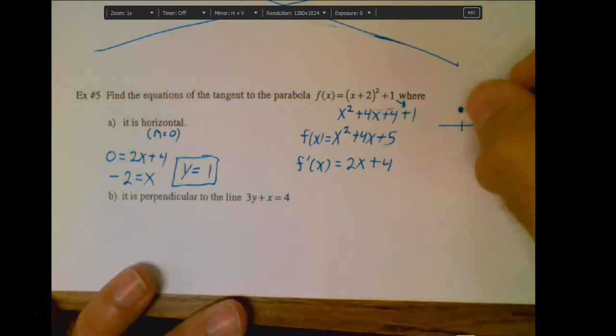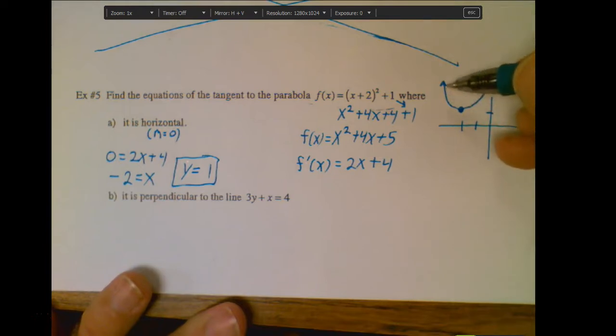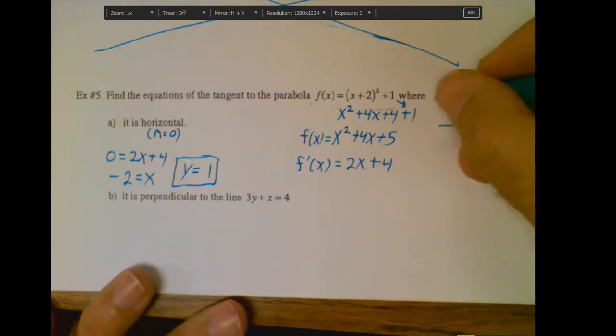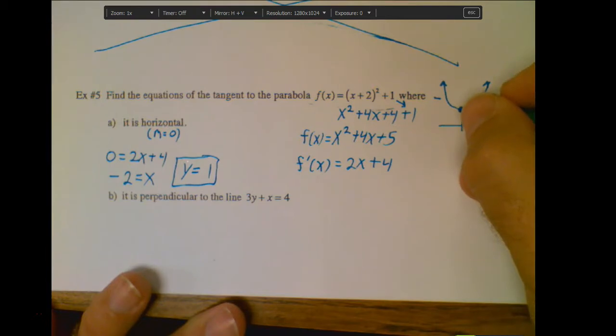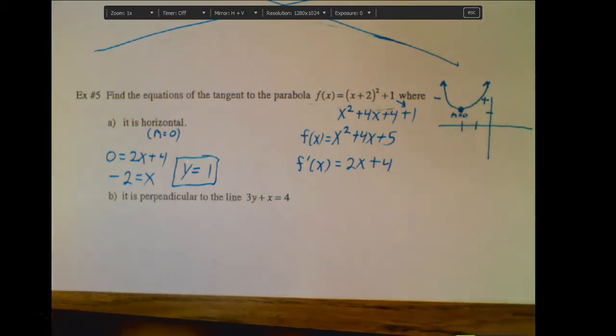But we know it looks like this. And if you think about what we've talked about in the past, I know in this area the slopes are negative. I know in this area the slopes are positive. Well, what happens from negative to positive? You get a 0 slope. That always occurs at a max or a min, just like I've shown in some of the previous lessons.